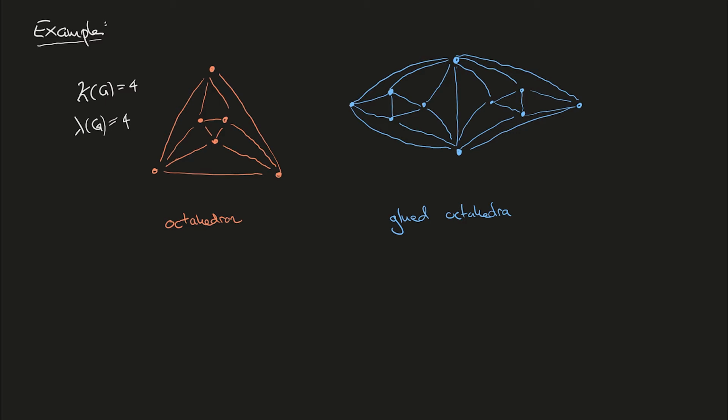In contrast, if we look at the graph on the right, we can see pretty much immediately that there's a very efficient way of disconnecting this by removing vertices, namely by removing the 2 vertices where the octahedra are glued together. If we get rid of those and all the edges incident to them, we're left with these 2 connected components, which are disconnected.